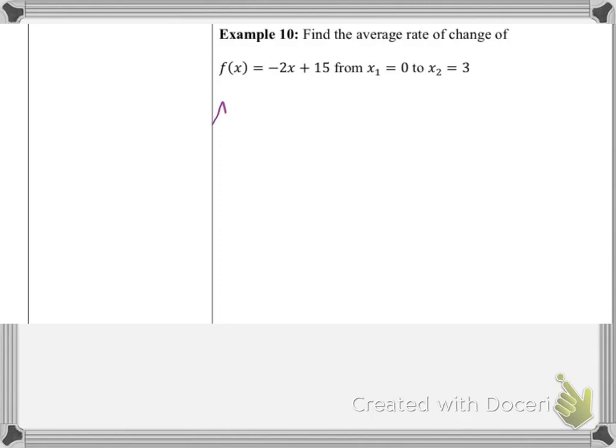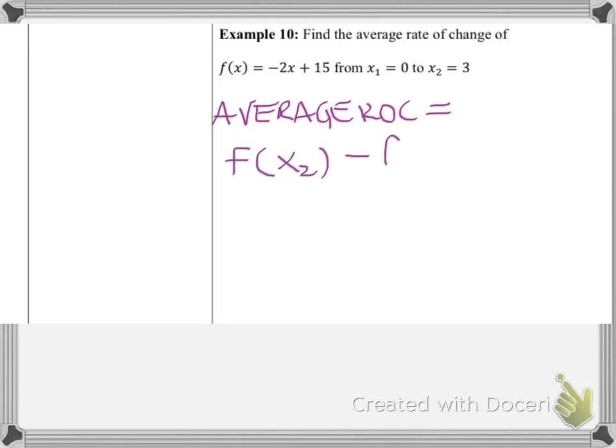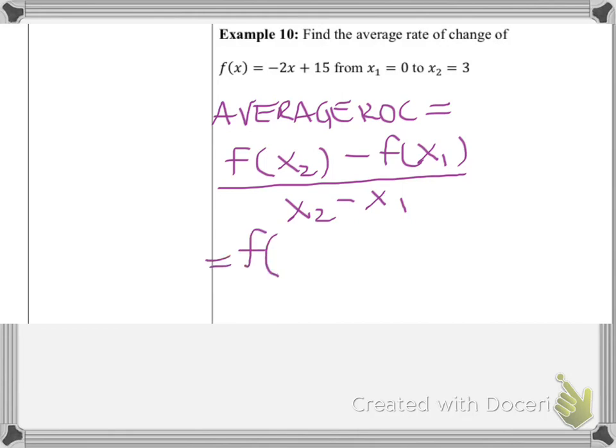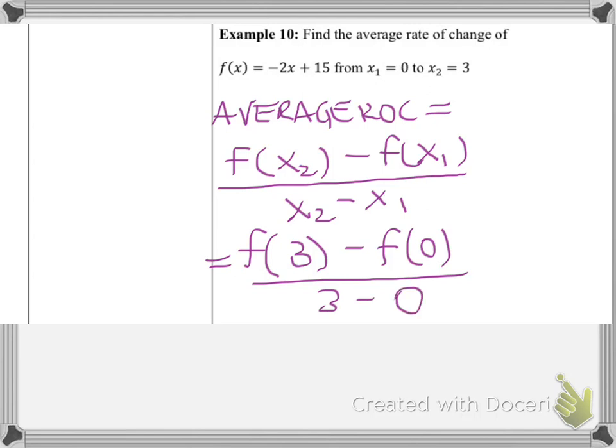And so again, for average rate of change, we know it equals f of x sub 2 minus f of x sub 1 all over x sub 2 minus x sub 1. So in this example, it would be f of 3 minus f of 0, all over 3 minus 0.